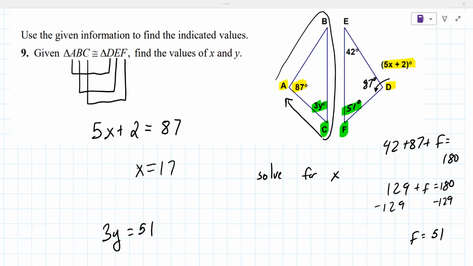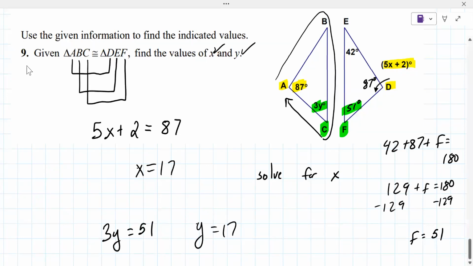For this one, am I just dividing by 3y? No, you solve for y, so you're dividing by the number in front of y. Y equals 17. Good. Okay, and that's what it was asking for, it was asking you to solve for the value of y.